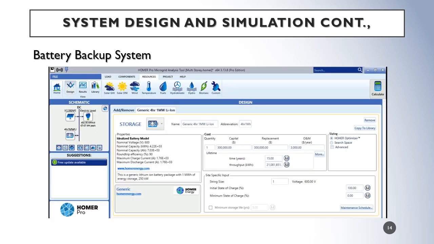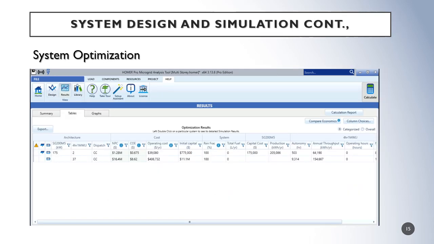Then a battery backup system was added into the system to protect the reliability of the system, especially during less sunny or rainy days. A generic 1 megawatt lithium ion battery is used for the simulation here, as shown in the slide right now. The system was optimized using several capacities as I mentioned earlier in the slides.